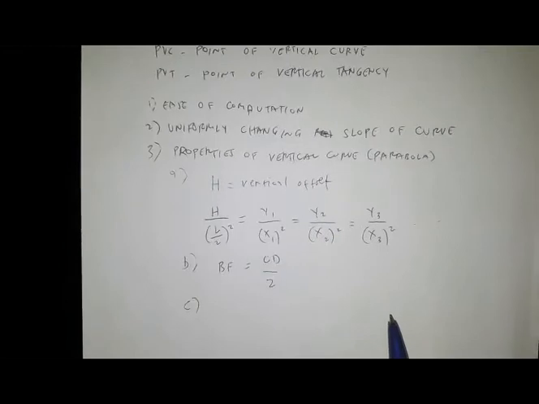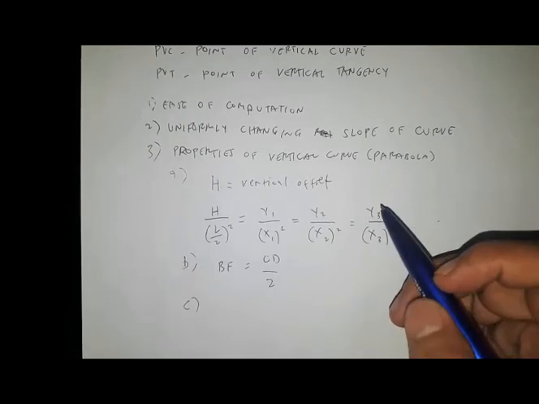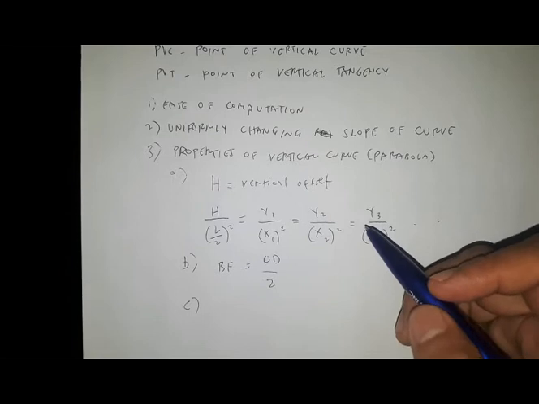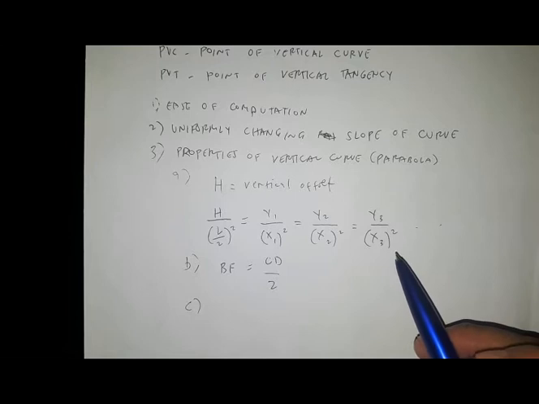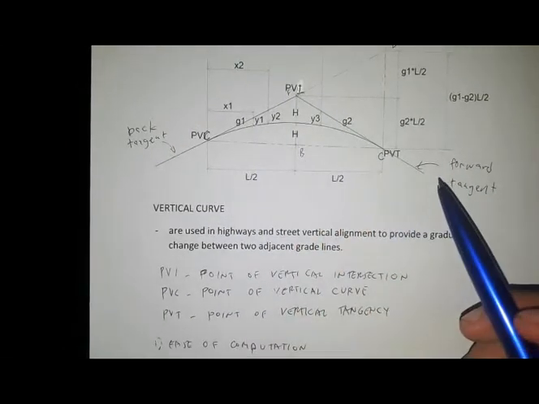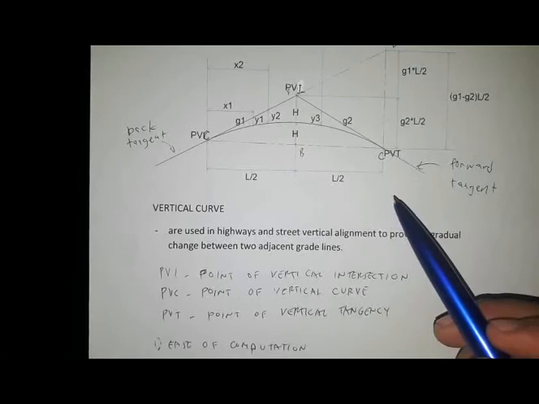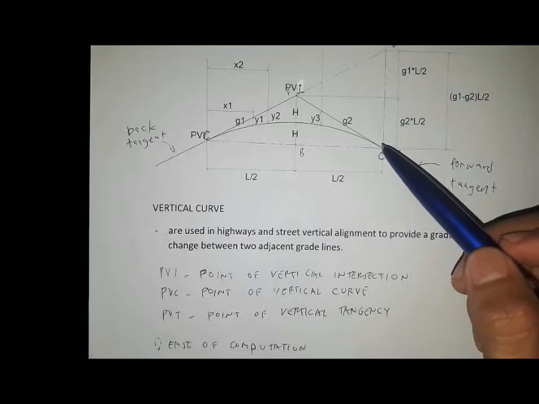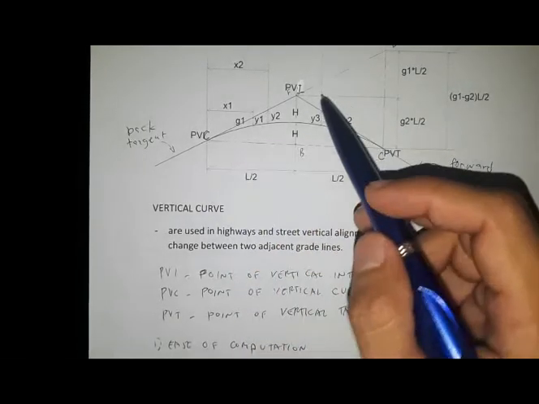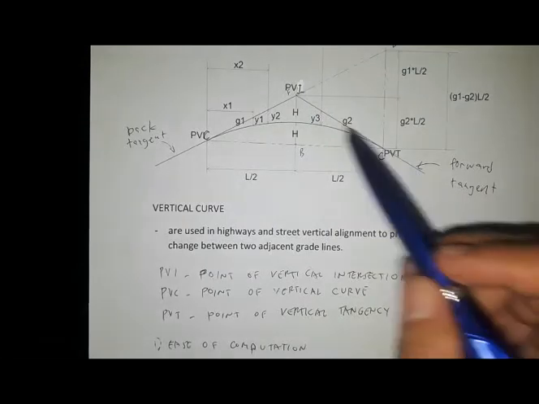Next property, if the algebraic difference in the rate of the grade of the two slopes is positive, we have a sag curve, otherwise we have a summit curve. Or rather, a positive algebraic difference is a summit, otherwise we have a sag curve.